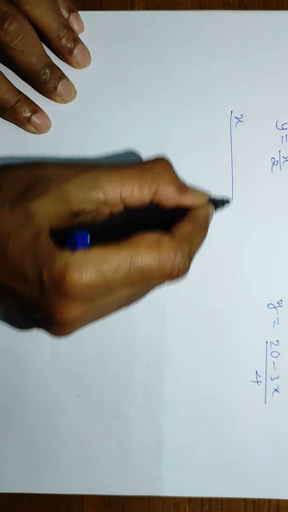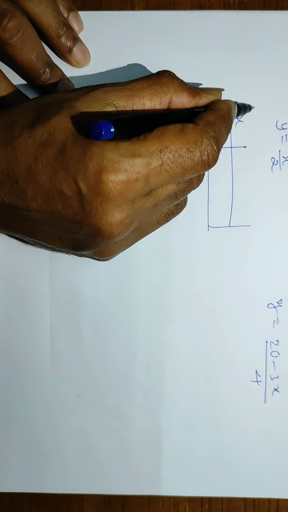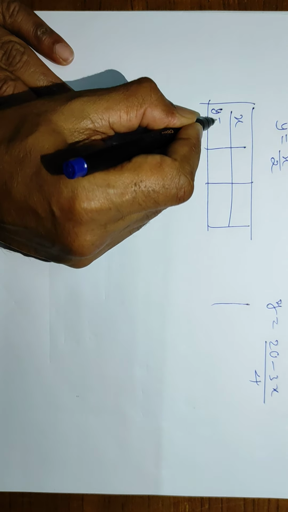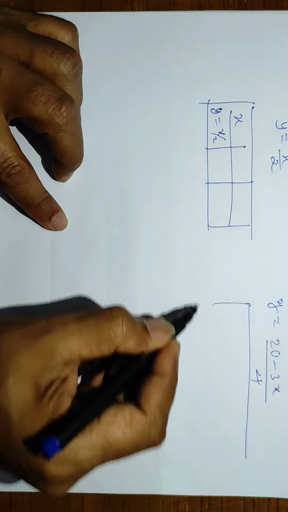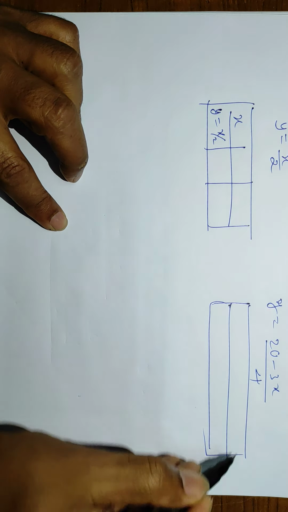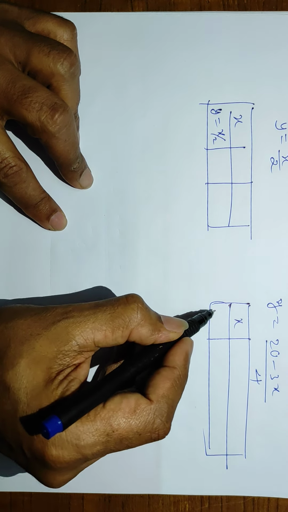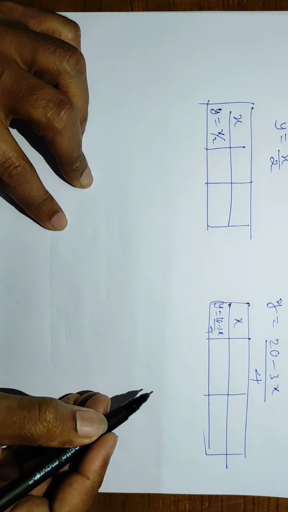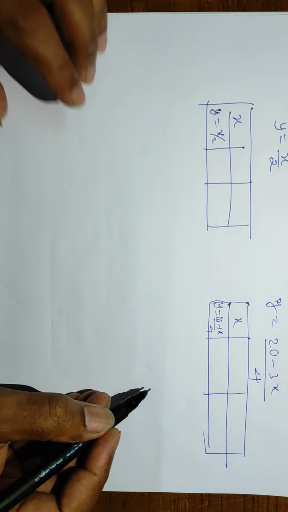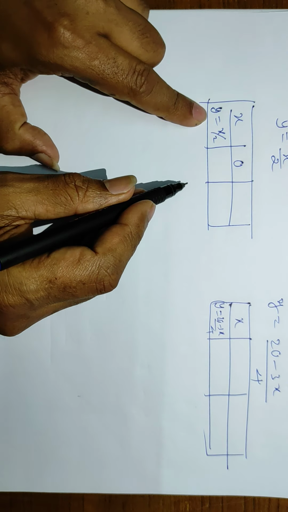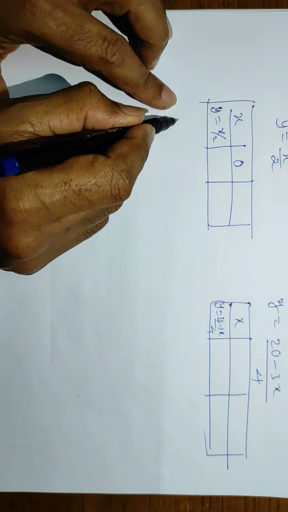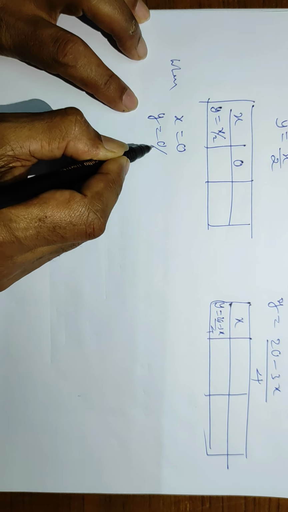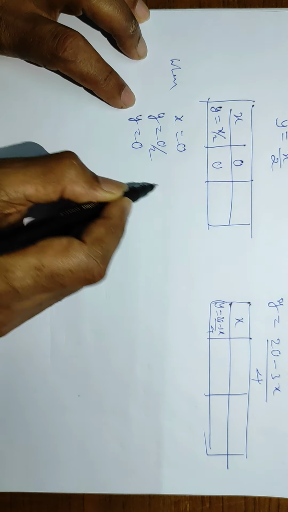I have to draw a table like this, and 2 points are enough to draw a line because 2 points determine a line. For y is equal to x by 2: when x equals 0, y is equal to 0 by 2, y is also 0.